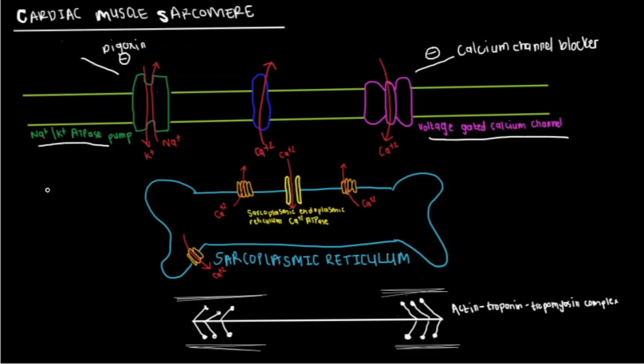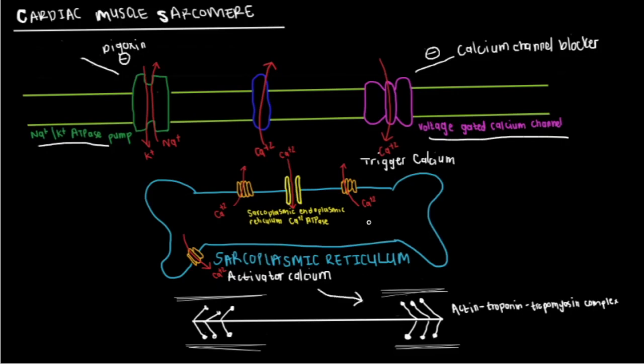When calcium enters the cell through the channels located on the cell membrane, we call it trigger calcium. That trigger calcium is going to enter the cell's sarcoplasmic reticulum through a calcium transporter, which then pumps activator calcium from the sarcoplasmic reticulum.